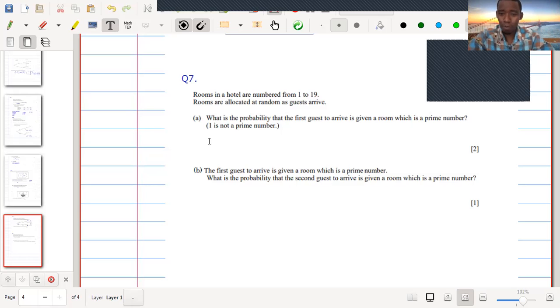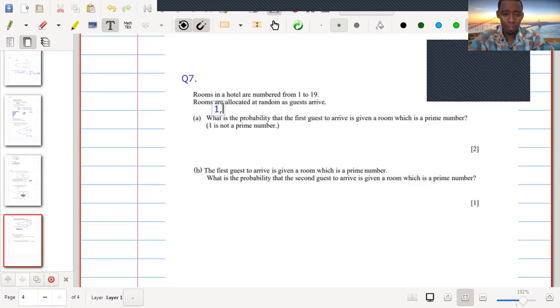So basically, which prime numbers do we have? I may first write the list. Which numbers are there?